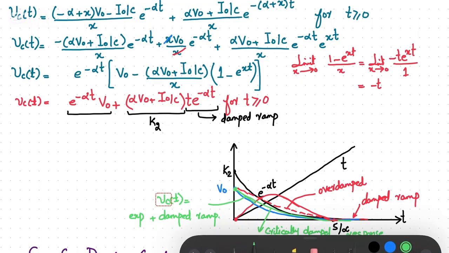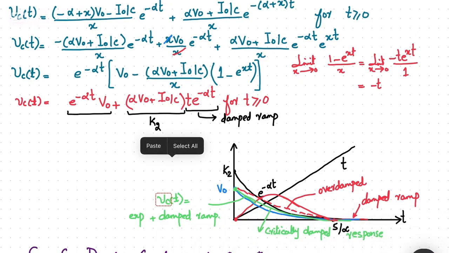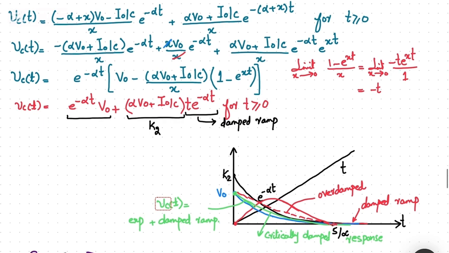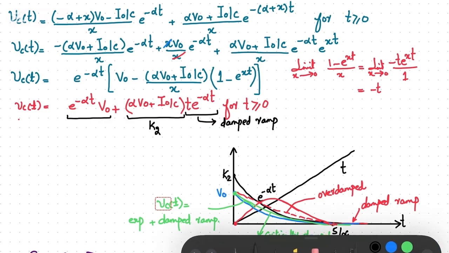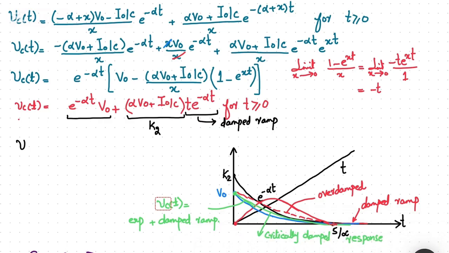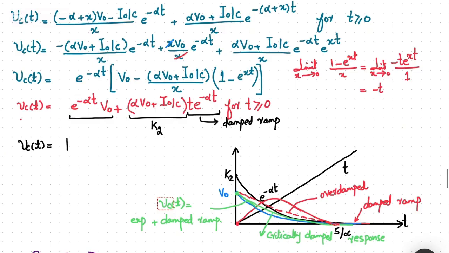Another thing to keep in mind here is that when we need to calculate the response of a series RLC circuit for different cases like underdamped, overdamped or critically damped response, instead of remembering and using this exact equation, we can write a simpler equation, which would be Vc of t.